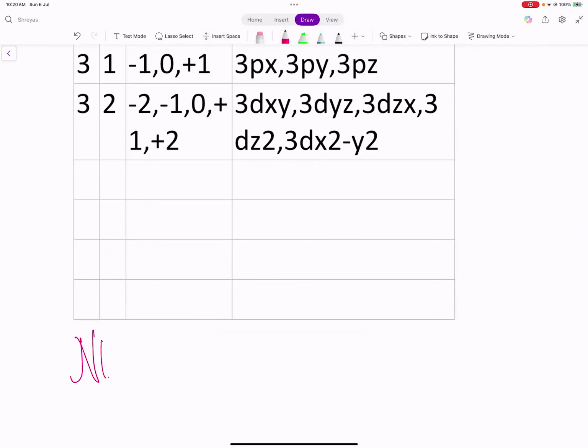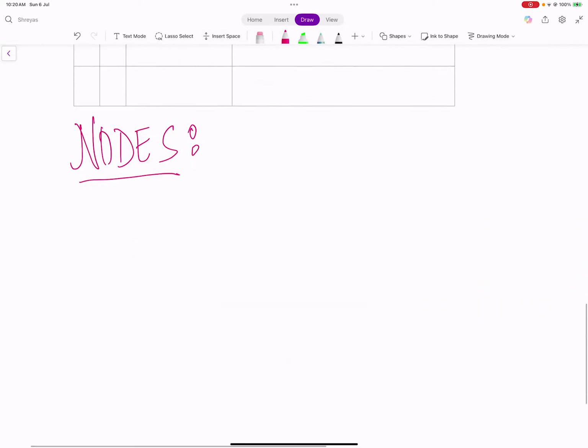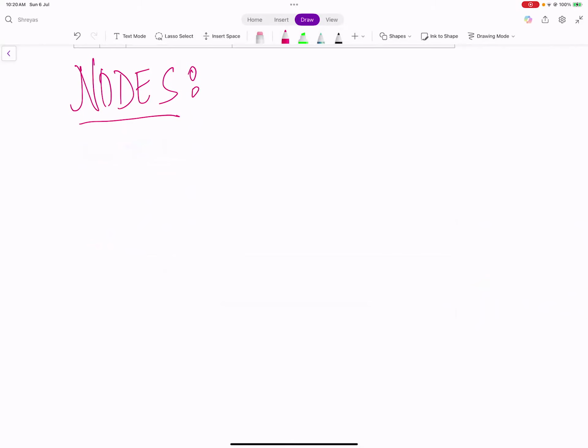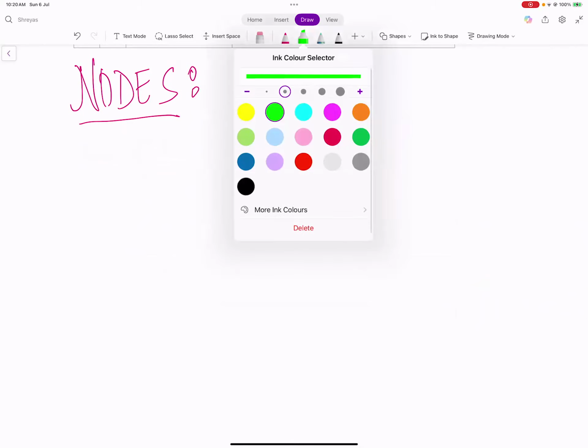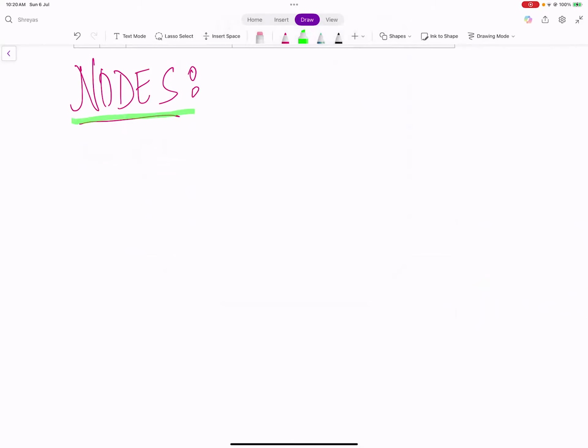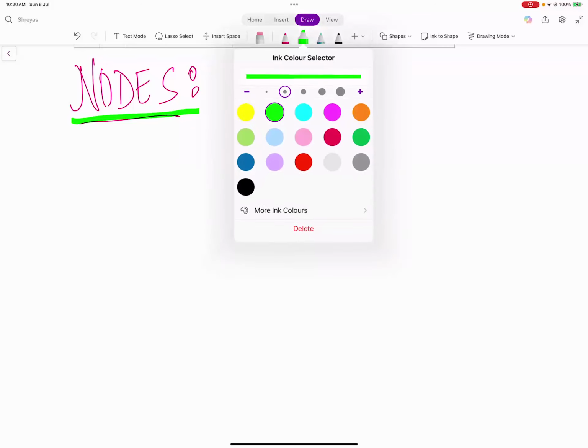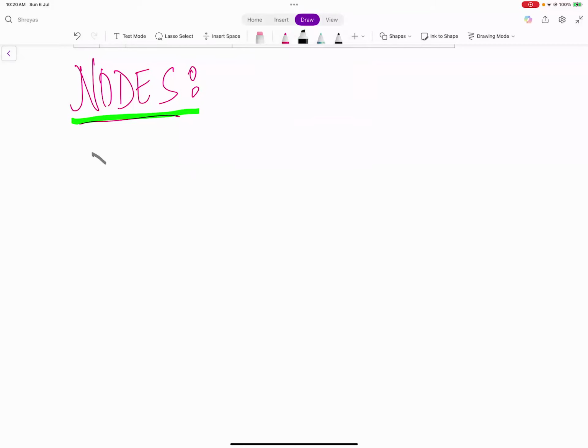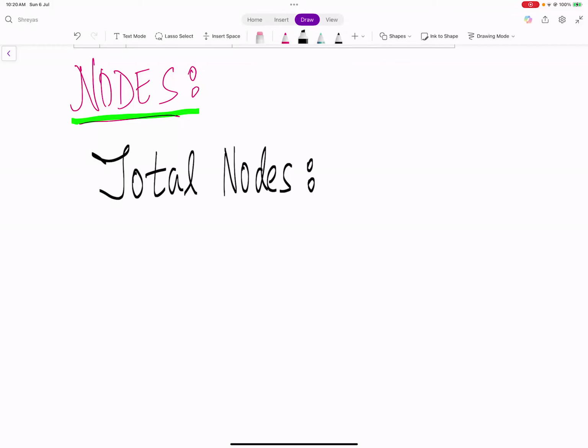Nodes. This is a very important concept. And it goes like this: total nodes. A node is the area where the probability of finding an electron is zero, right?